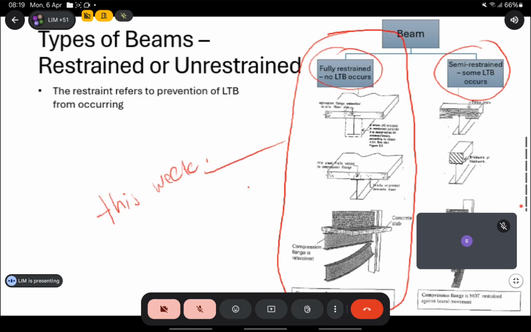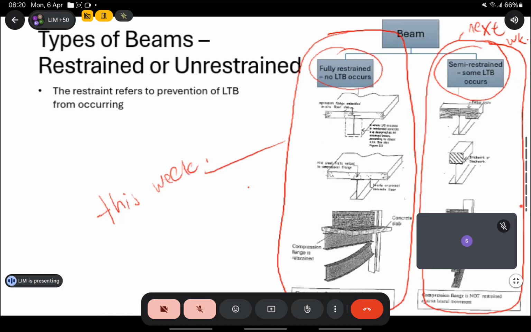Very simple. Next week, we will cover the semi-restrained part, which is more complicated. This week, we focus on fully restrained beams only.